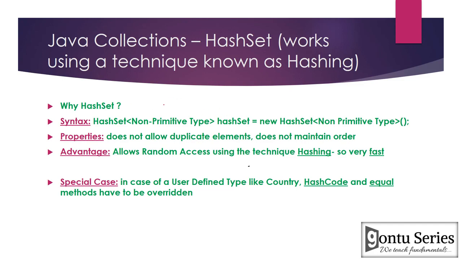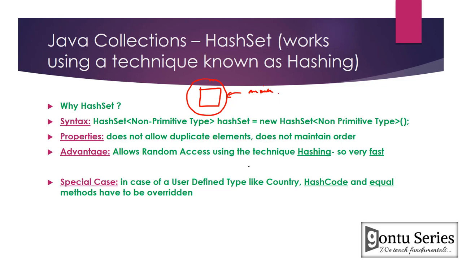HashSet is a Java collection which is going to allow you to insert elements to it. Let's say you are inserting an element Ankush to it. The basic fundamental behind this collection is that it's not going to allow you to put duplicate elements.